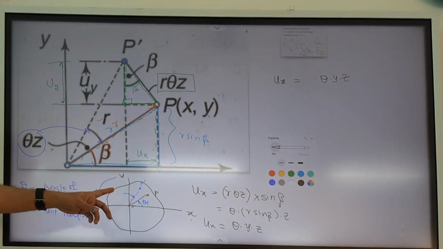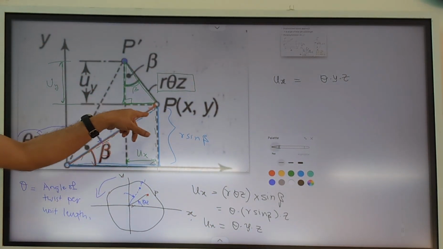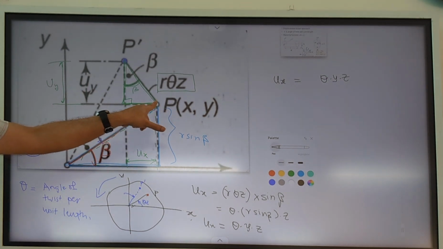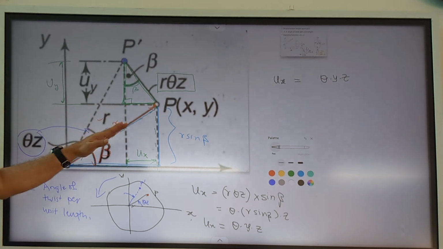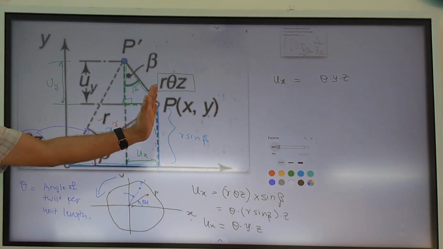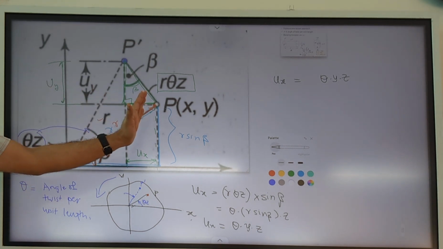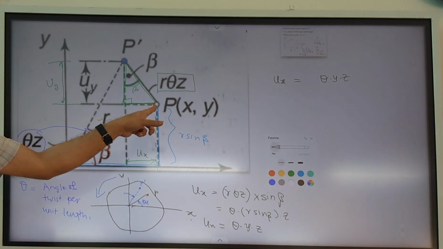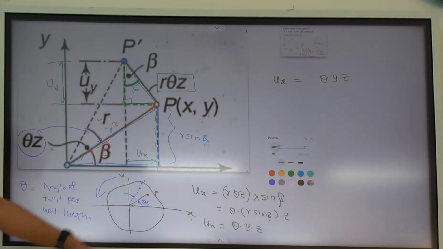One more observation you will note here. This is magnitude wise what we are doing. If you note the displacement of point P for positive theta as shown here, the point P is moving in the negative x direction. So magnitude wise it is ux what we have calculated, but sign wise it is in the negative x direction.